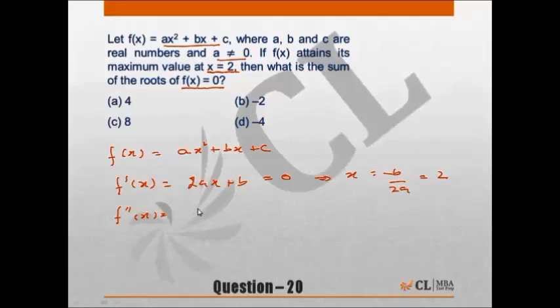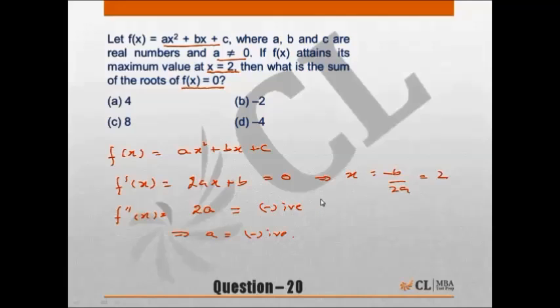F double dash x is equal to 2a. Now, for maxima, this should be a negative number. For minima, it should be positive. This implies a is negative.